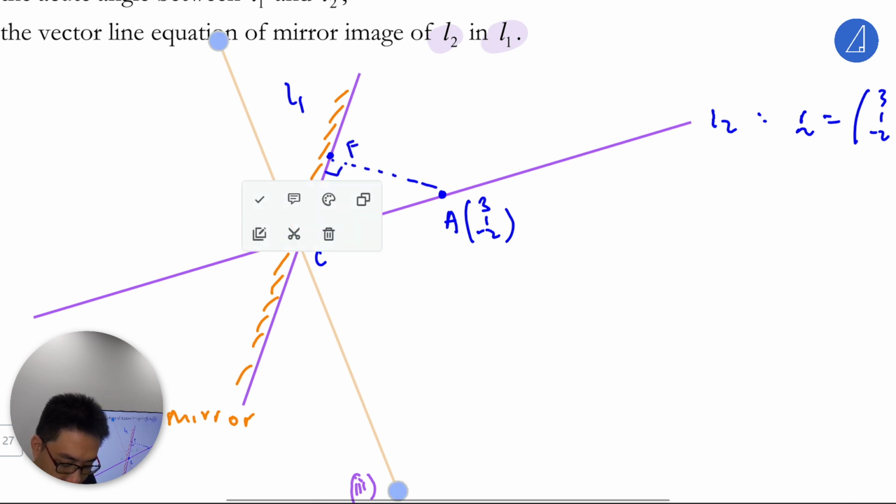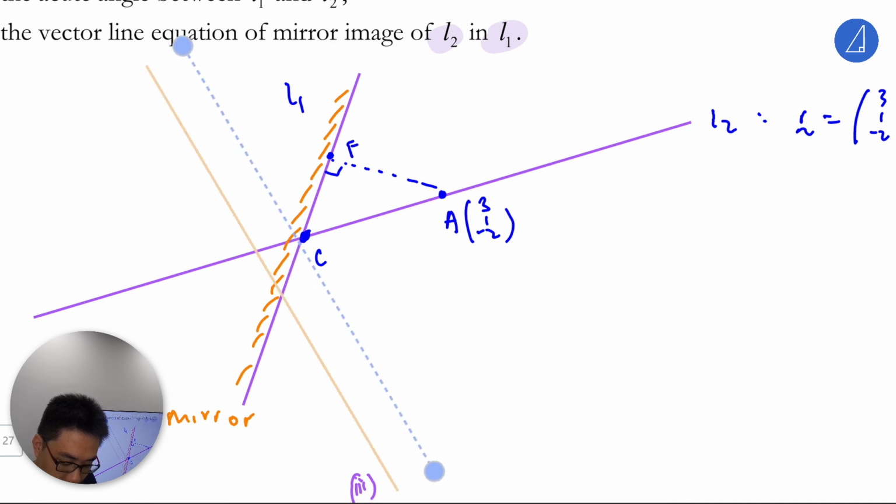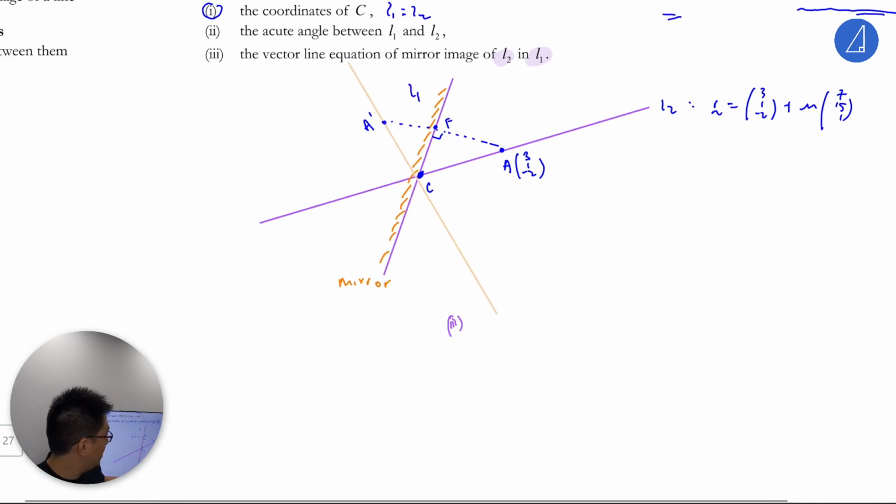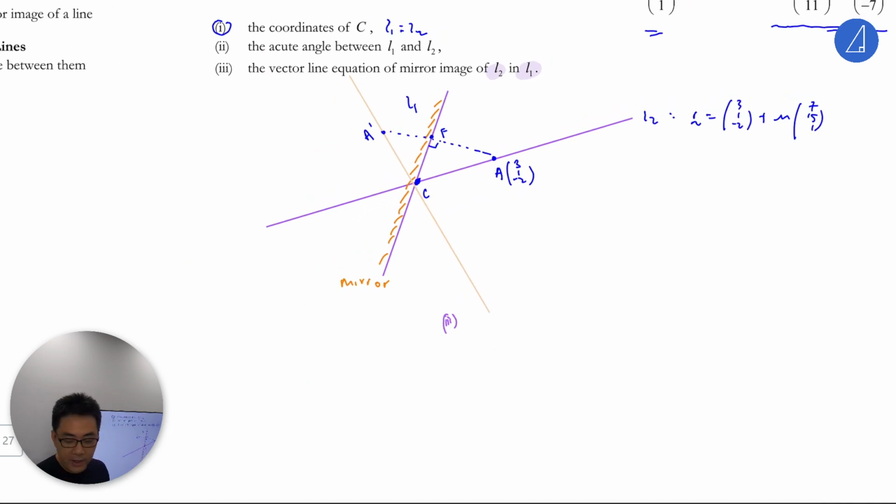Then you find the mirror image of the point on this side. To find the equation of this reflected line, you take any point on this line, find the foot of perpendicular to L1, then find A prime. After that you can find A prime and C, then form a line equation. That's about it, right?